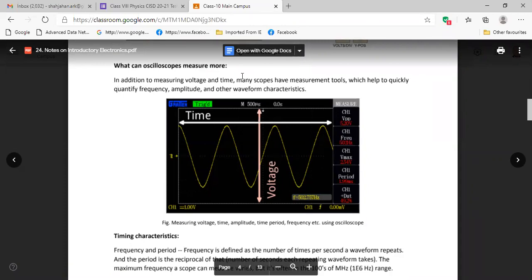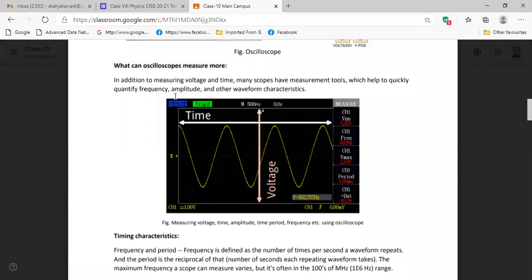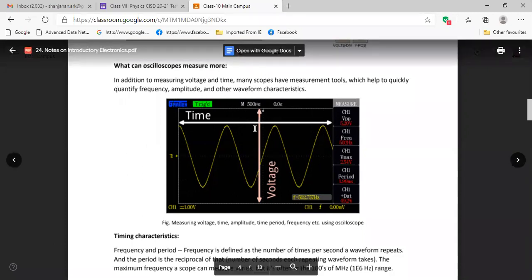So if you know the time period, then you can find the frequency. Amplitude here is the voltage. So if you are getting the voltage, you can also find the amplitude, and vice versa. If you get voltage, you are getting amplitude. If you are getting amplitude, you are getting voltage. Is it clear?